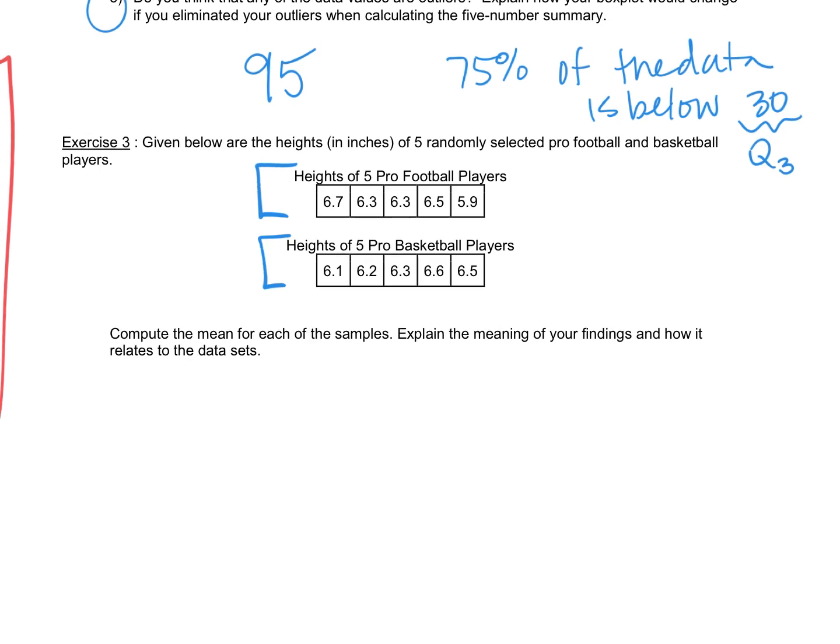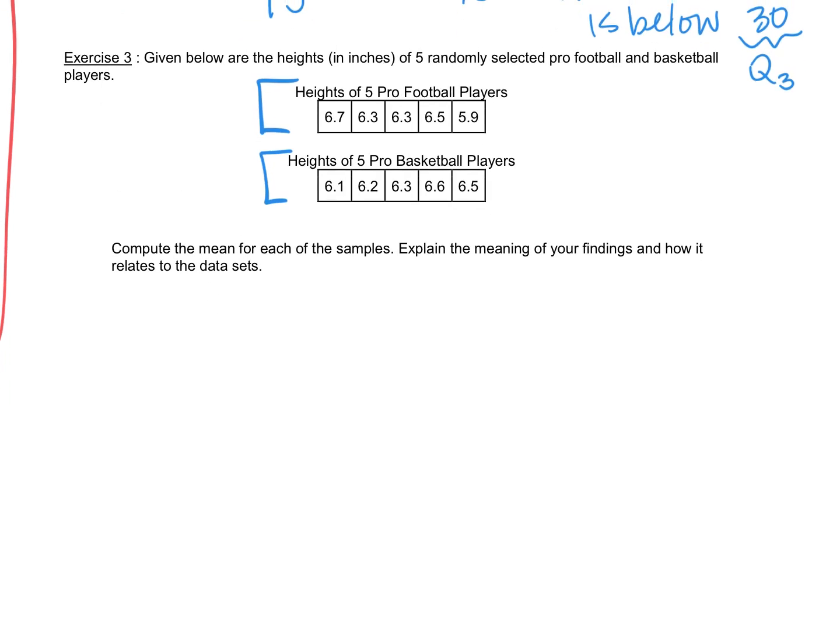And what we want to do is compute the mean and kind of see what happens with that. So when we calculate the mean, remember that's adding up all the data pieces and dividing by the total number. So for the first one, football players, you add those all up, divide, you're going to get 6.34. And for the second one, you're going to get actually the same exact thing. Both of them have the same mean.